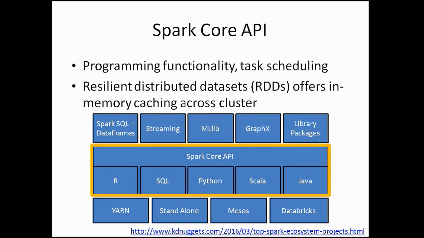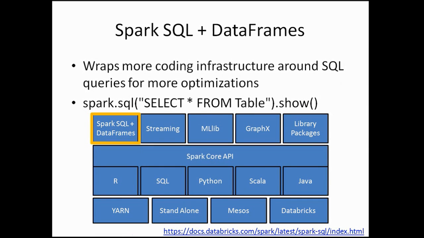It is built on resilient distributed datasets, which offer an in-memory cache across the cluster for faster performance. For the higher level APIs, Spark SQL and DataFrames wrap coding infrastructure around regular SQL queries for more optimization. This is an example of wrapping the SQL code around Spark SQL.